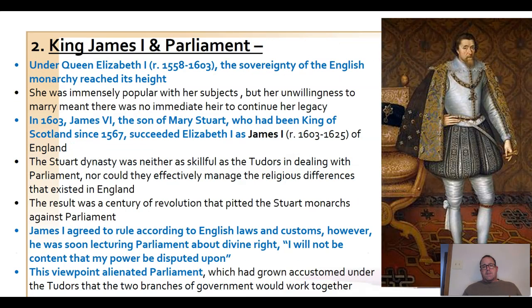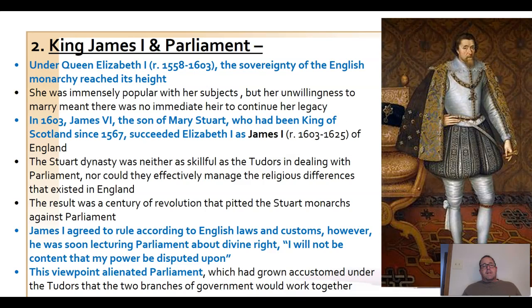All right, so I want to pick up here with the end of Elizabeth's reign, and with that will be the end of the Tudor dynasty, which began with Henry VII after the War of the Roses.